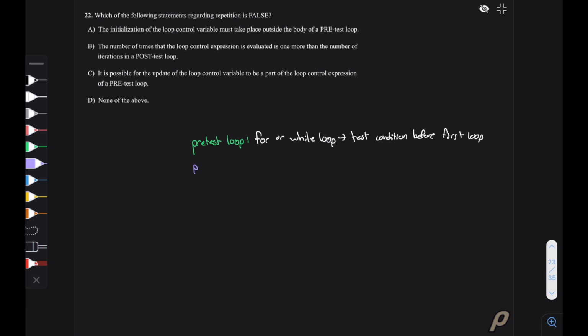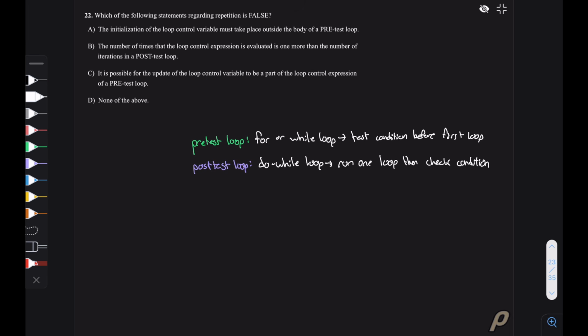Whereas a post-test loop is, well, the exact opposite. This is more like a do-while loop, where we run one loop, then check the condition. So that's the difference between a pre and a post-test loop, in case you were not quite aware.